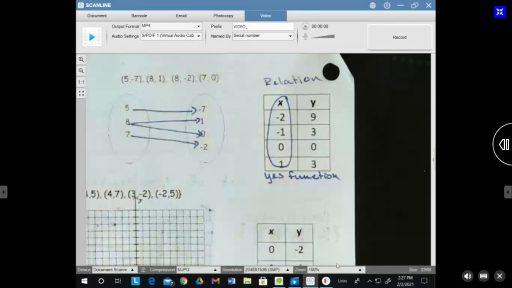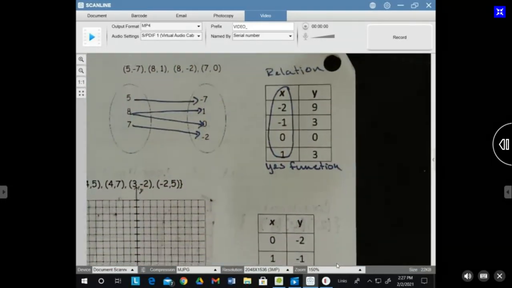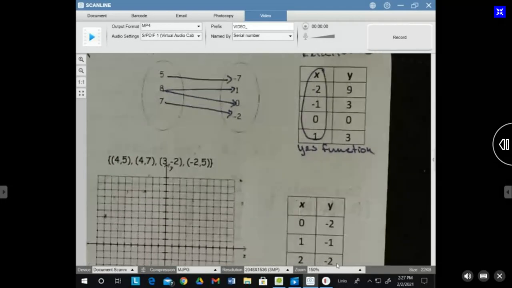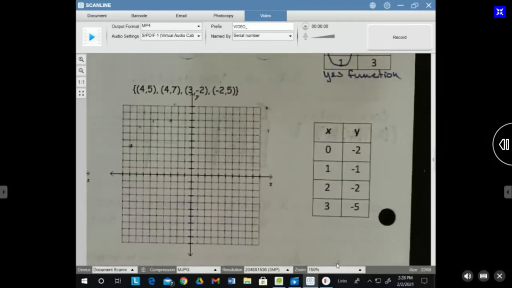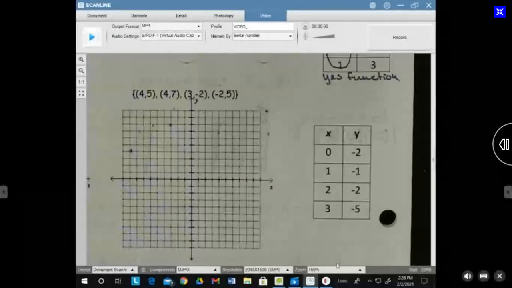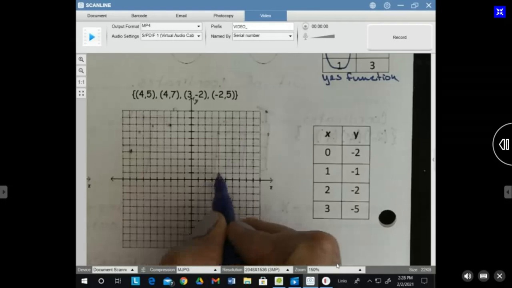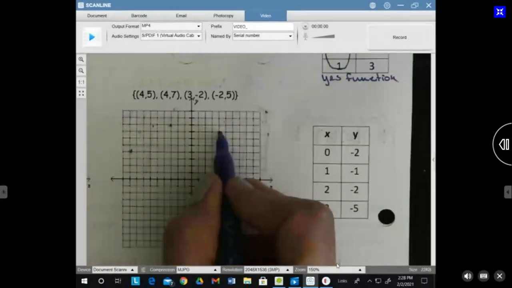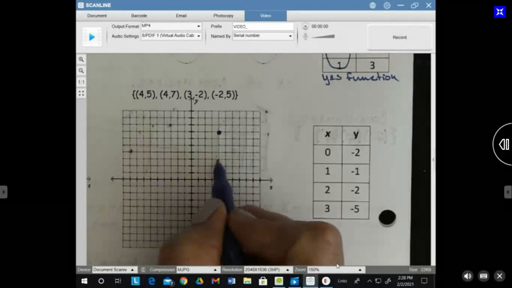All right, now I'm going to start moving around a little bit. I want to do this middle graph, so I need you to plot your points, please. The one starting with (4, 5), (4, 7). Right 1, 2, 3, 4. Up 1, 2, 3, 4, 5, 6, 7.